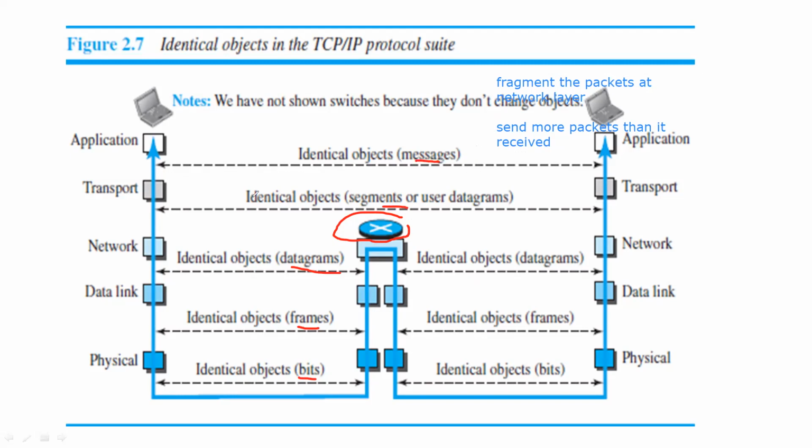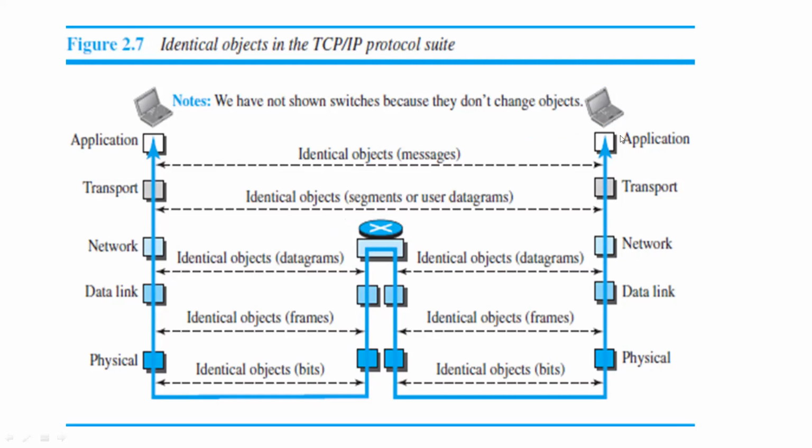So message with respect to the application layer, segments or datagrams with respect to transport, datagrams with respect to the network layer, frames with respect to data link, and bits with respect to the physical layer. So these are the identical objects in the TCP/IP protocol suite.